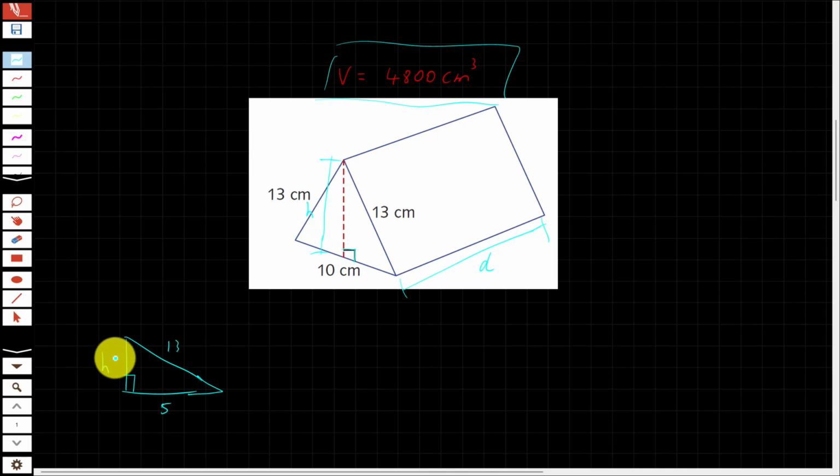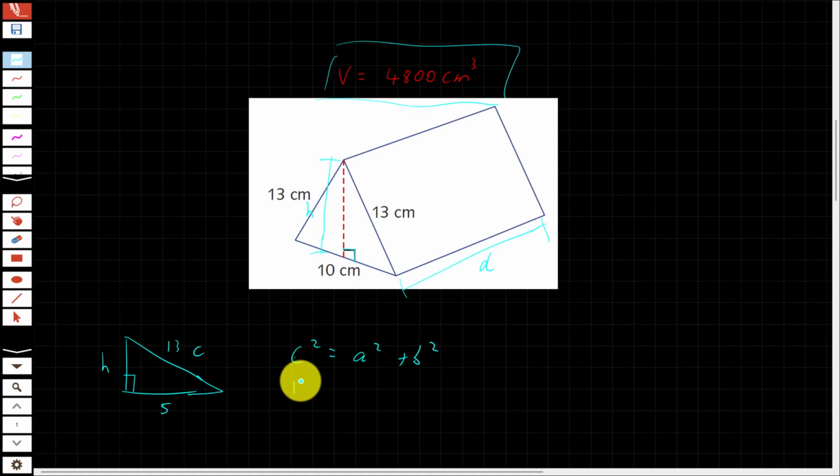So one way we can do this is use Pythagoras. Pythagoras has a formula that says c squared equals a squared plus b squared. C is always the hypotenuse, and a and b can be either one of the other two sides, this one or this one. So let's plug the numbers in.